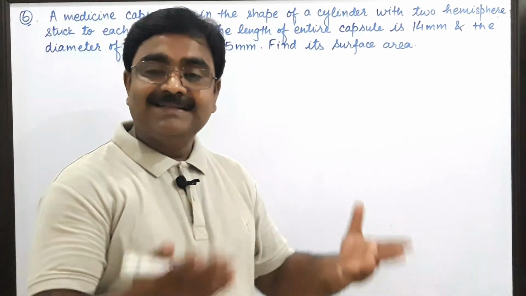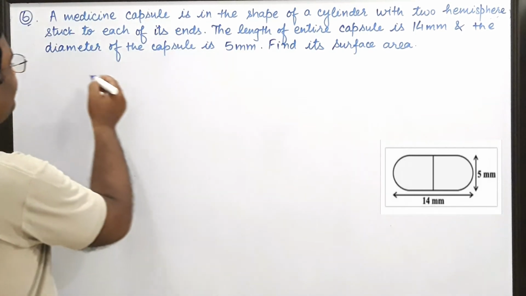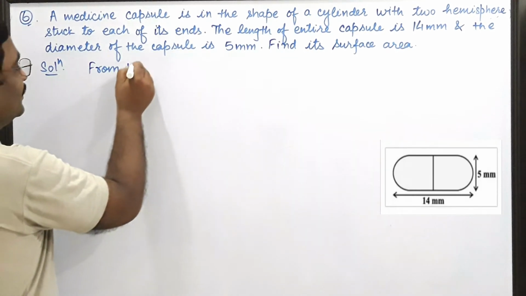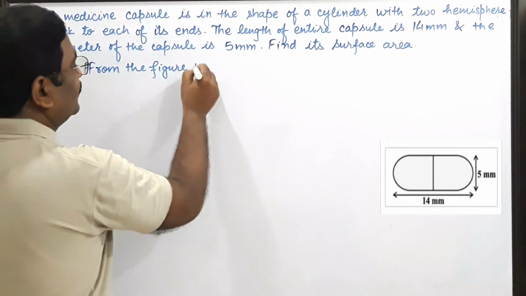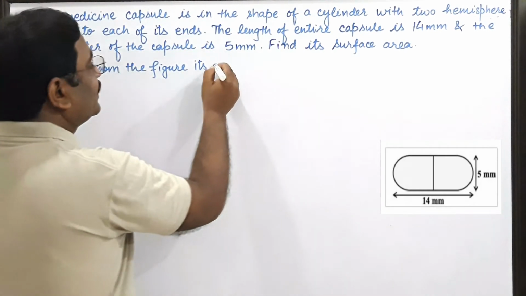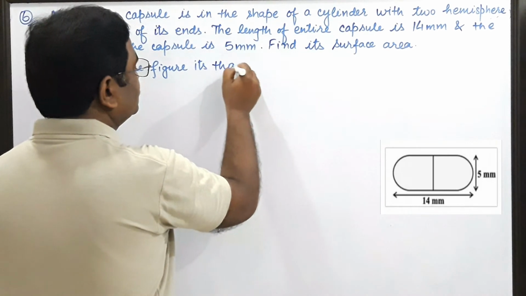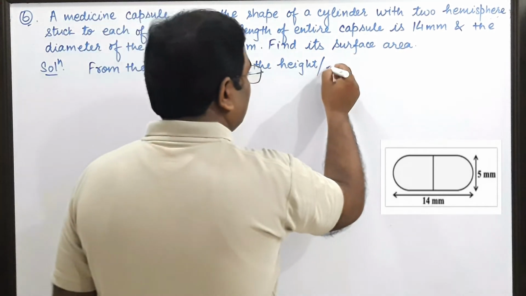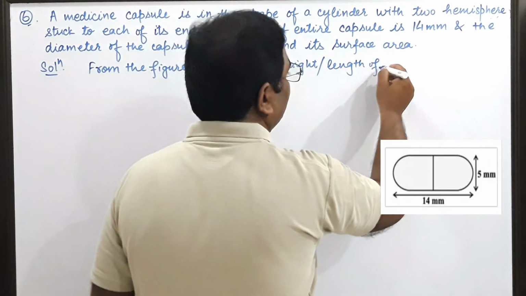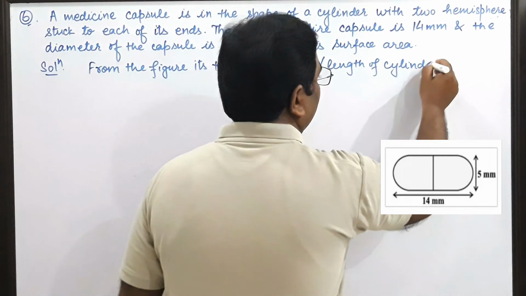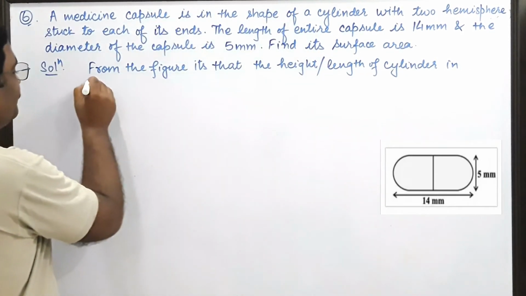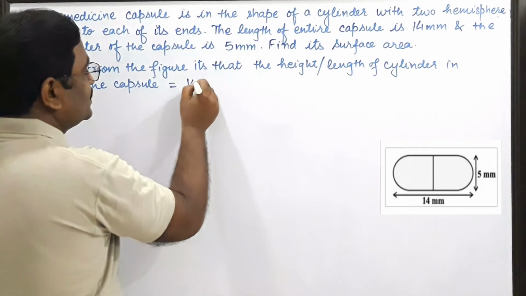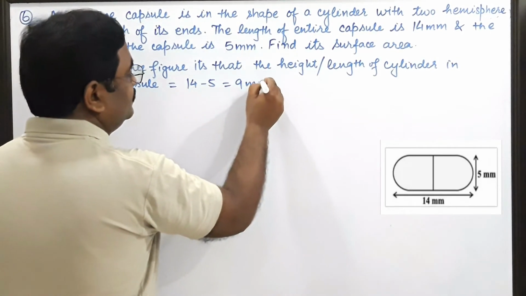Okay, in the solution of this question, from the figure it is clear that the height or length of the cylindrical part of the capsule is equal to 14 minus 5, which is 9 mm.